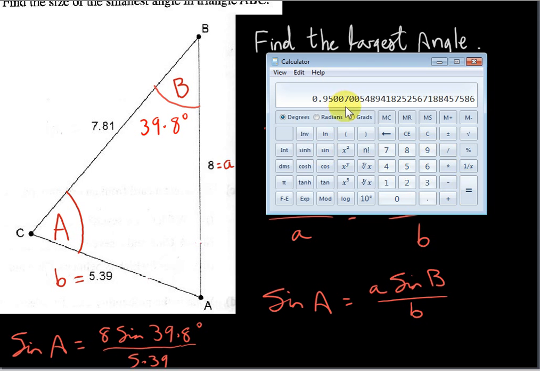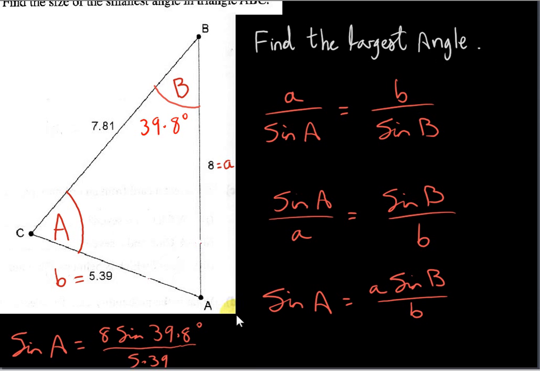Now we want the inverse sine of this number. So this here is sine of A. Here's the inverse sine of this. I'll write this down to one decimal place, 71.8. Okay, so that's the largest angle.